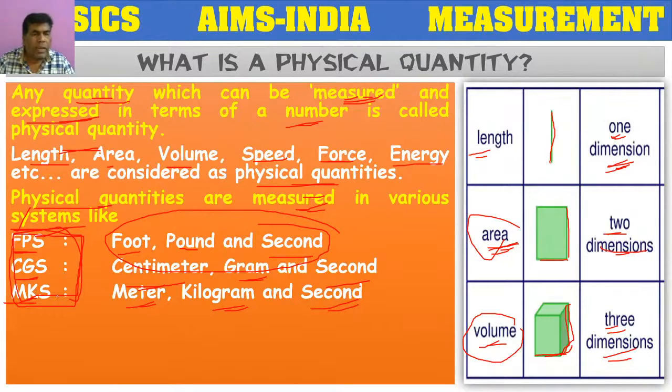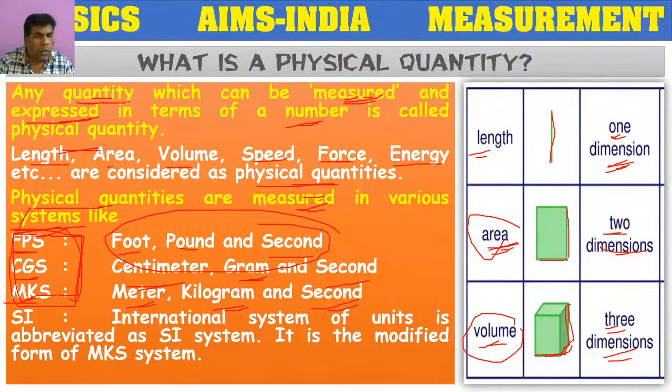In olden days we had systems like FPS, CGS and MKS. In these three systems, except for the second, all the other units are different.